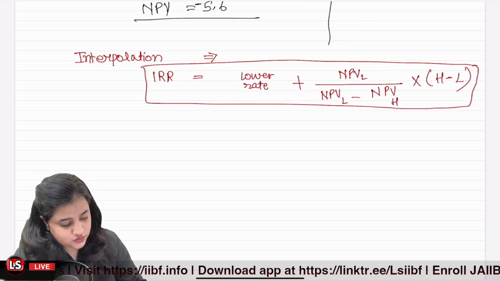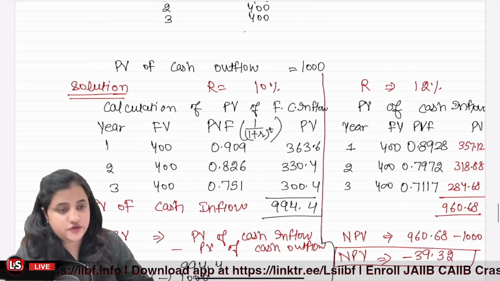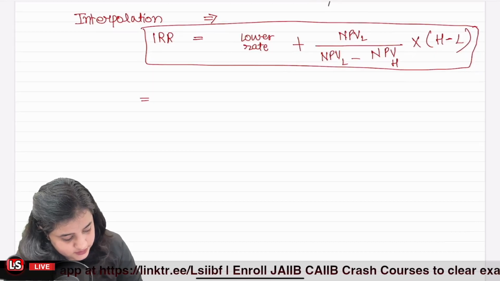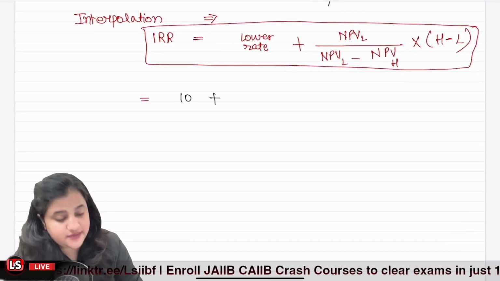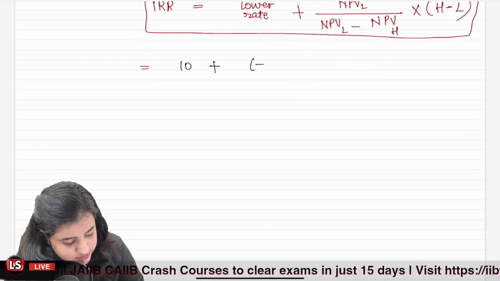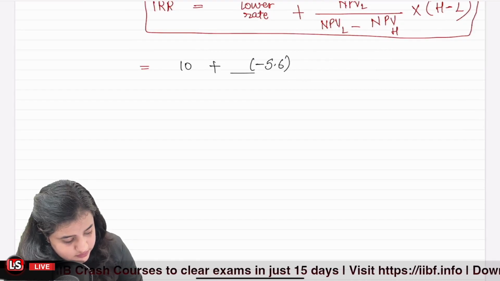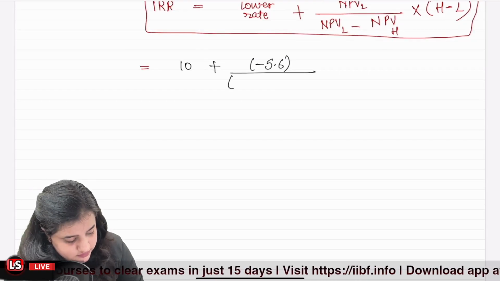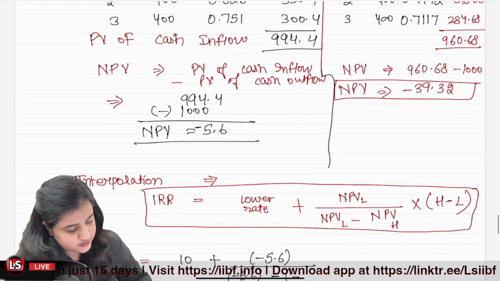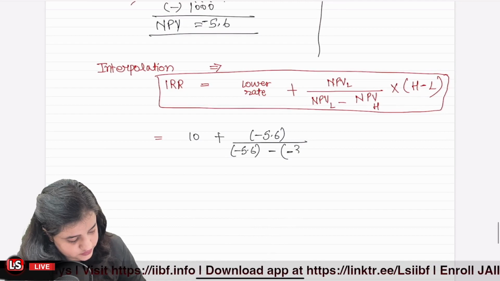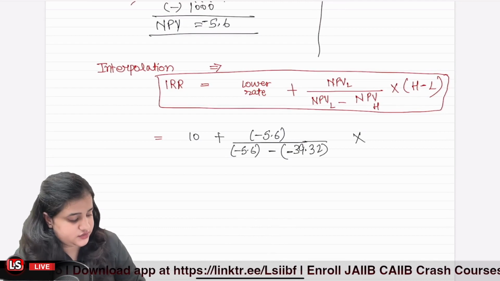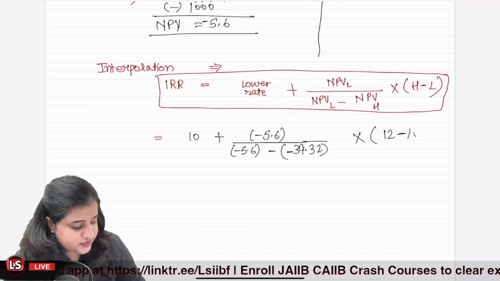Okay. So the lower rate in our example, 10 or 12, which one is lower? 10. 10 I will take, plus NPV at lower rate was minus 5.6. Then NPV at lower is minus 5.6 minus NPV at higher, which is minus 39.32, multiplied by higher minus lower, that is 12 is my higher rate, 10 is lower rate.